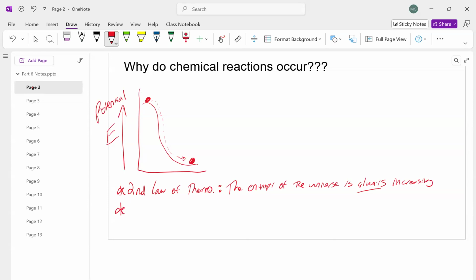And along with that, for any spontaneous reaction to occur, spontaneous meaning it happens on its own under the conditions that we're using, the entropy of the universe is increasing.